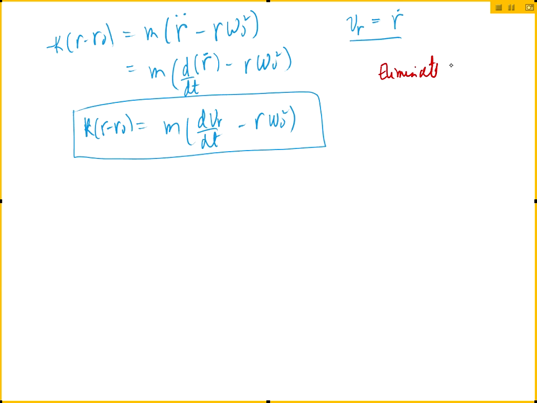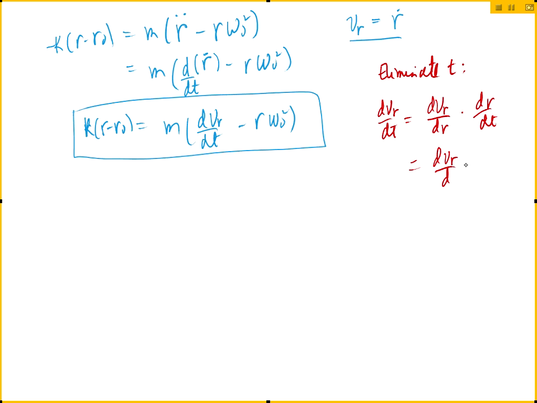How would I eliminate T? I'm going to use the fact that dVR/dt could be written as dVR/dr, because R is the only other variable we're allowed to keep, times dr/dt.